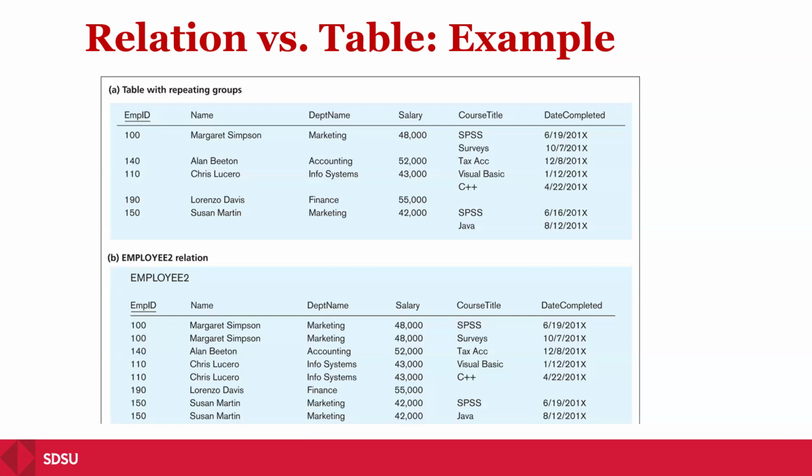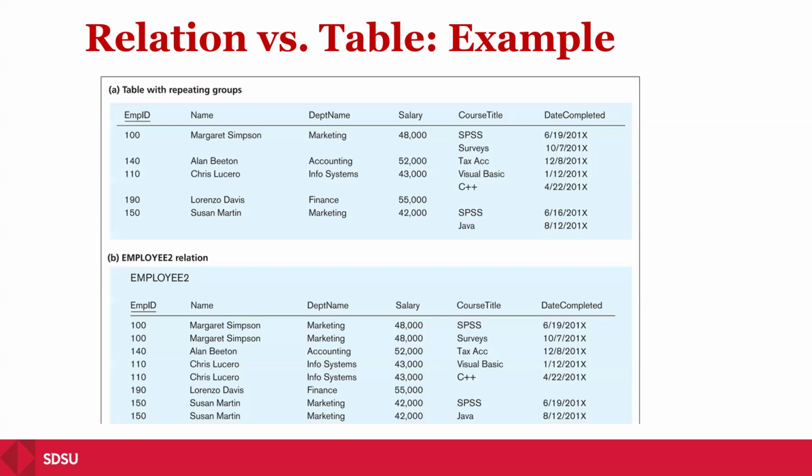The example on the bottom, employee two, is a relation. Here you can see that we added more data and we created a specific record for Margaret for another course. So at this point, we don't have any more multi-valued attributes.